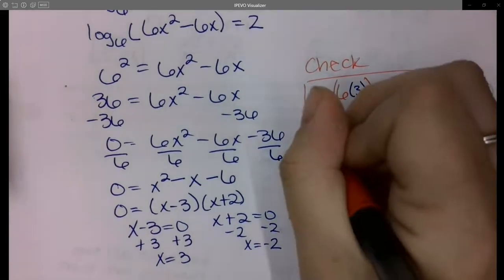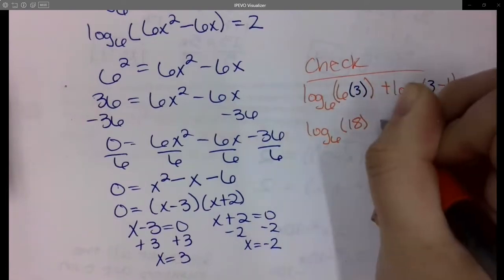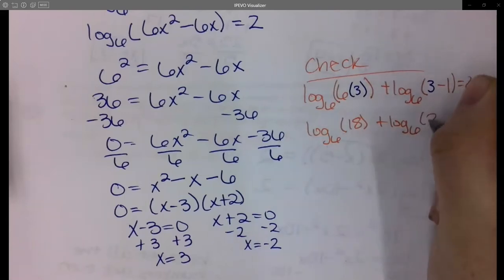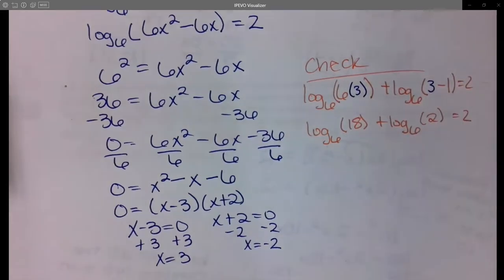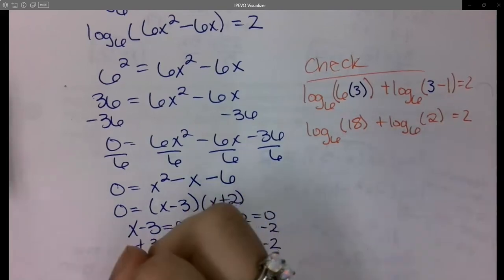So 6 times 3 gives me 18. 3 minus 1 is 2. Does this one work? Yeah, because 18 and 2 are both positive.